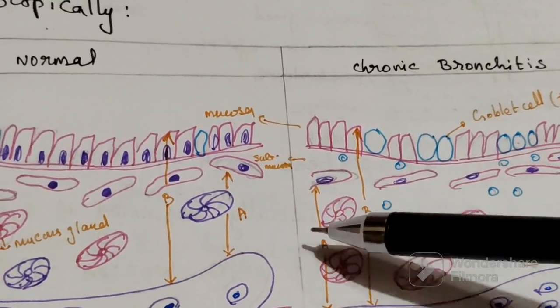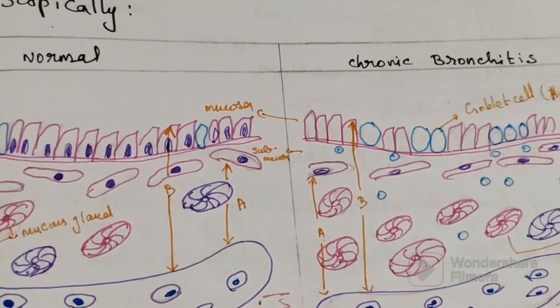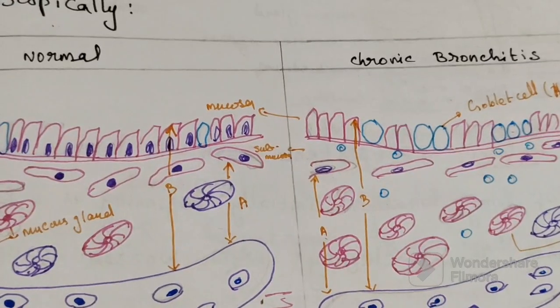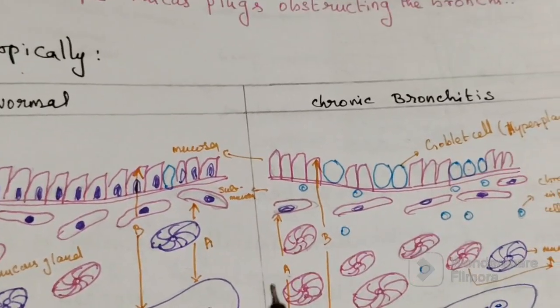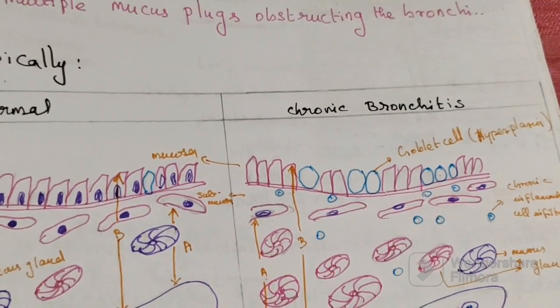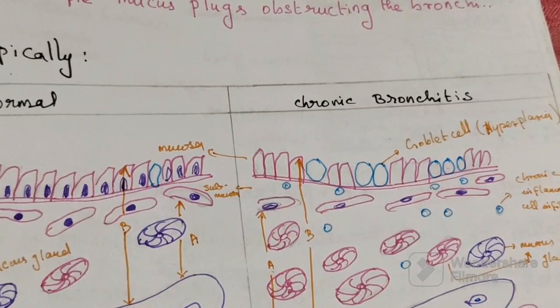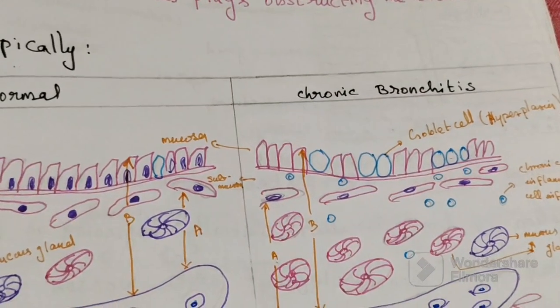A, the portion of submucosa having glands, then B. So A upon B is the Reid index.